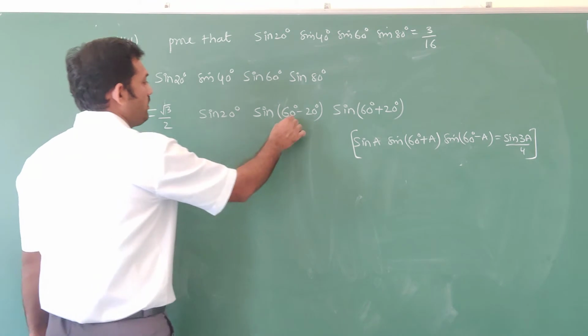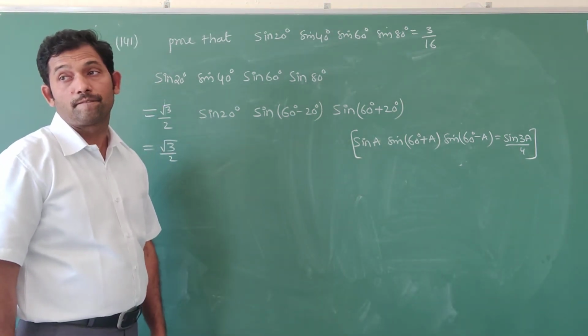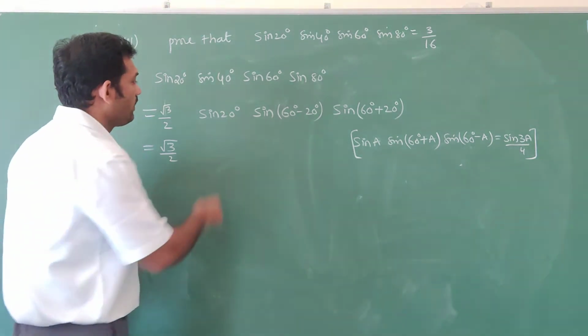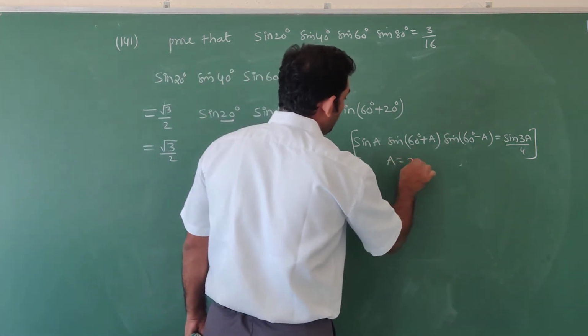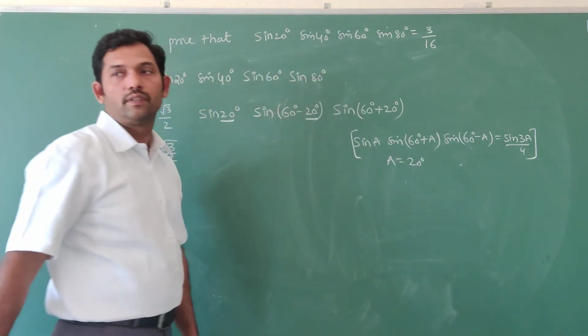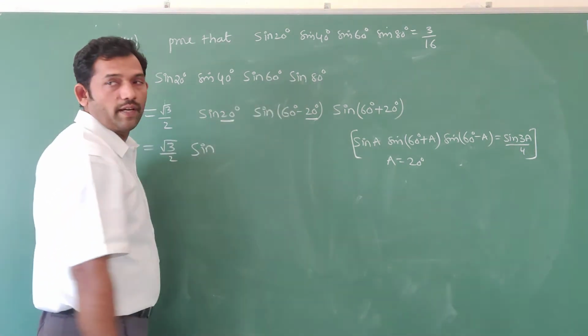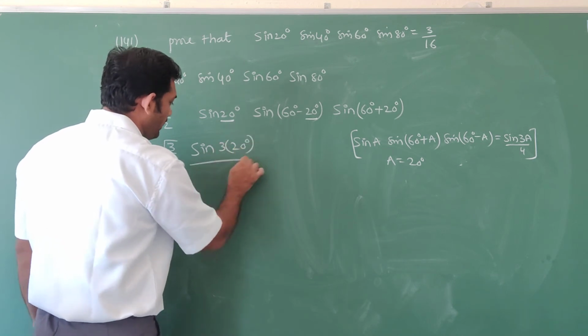So here, 60 plus and 60 minus is there. A is equal to what? A is equal to 20 degrees in this problem. So sin 3A divided by 4, with 3 into A value 20 degrees.